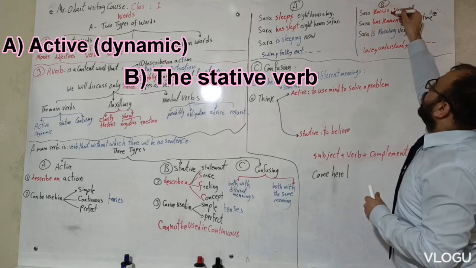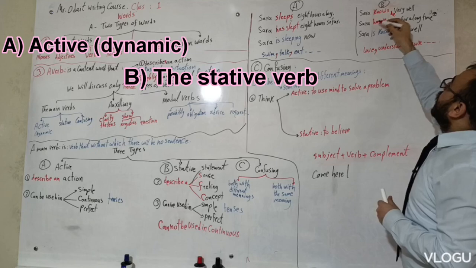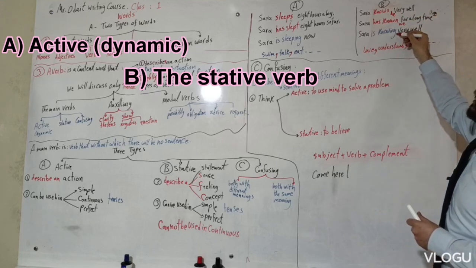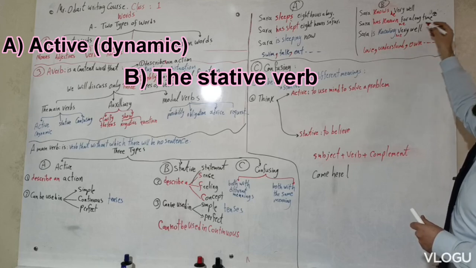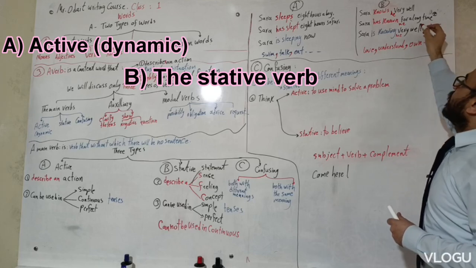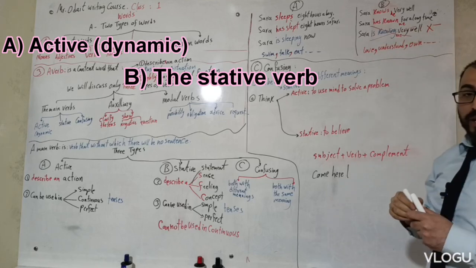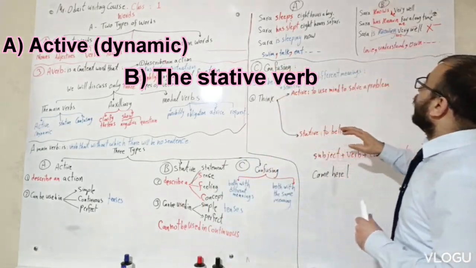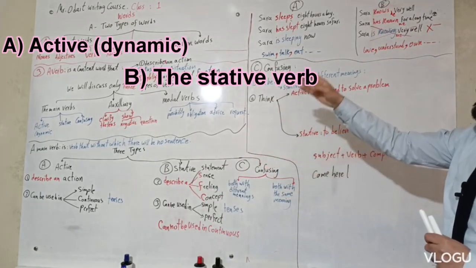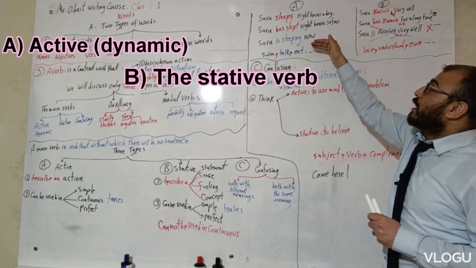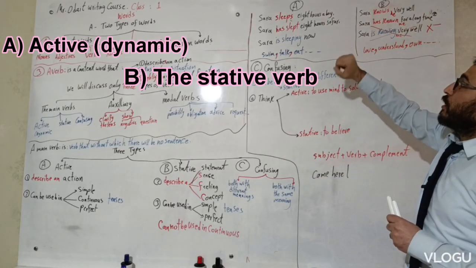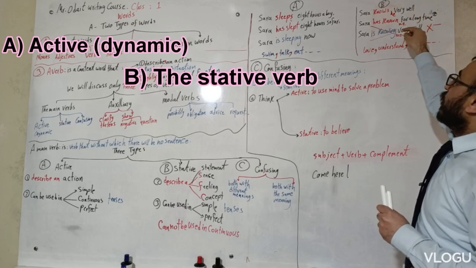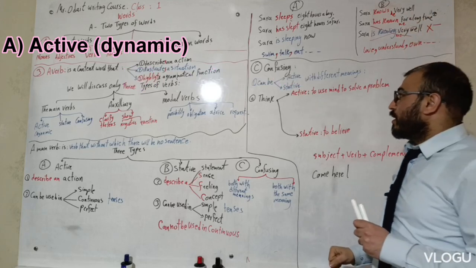There's the word me here. Sarah has known me for a long time, and Sarah is knowing me for a long time. This sentence, my friends, is wrong, and we cannot say it generally in academic English. So, my friends, an active or dynamic verb can be used in all tenses, including the continuous ones, while the stative verbs cannot be used in the continuous tenses.